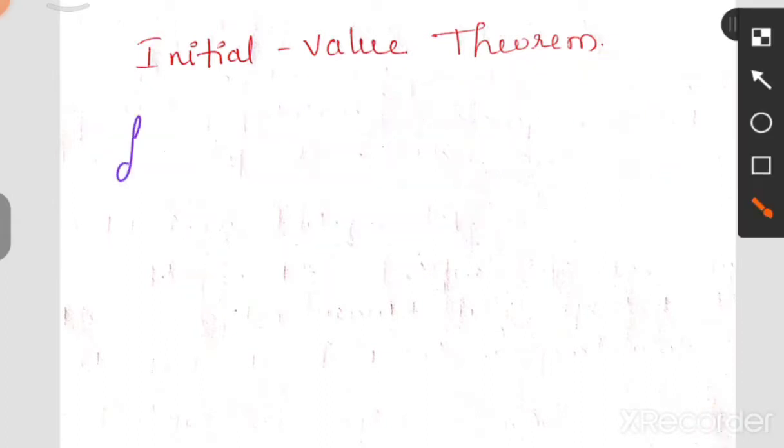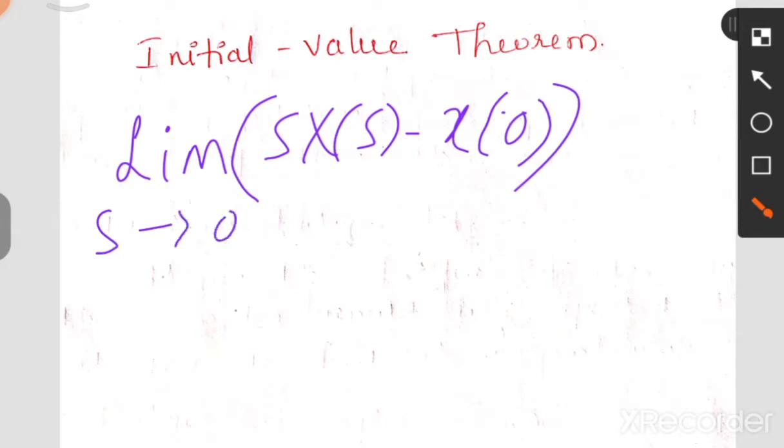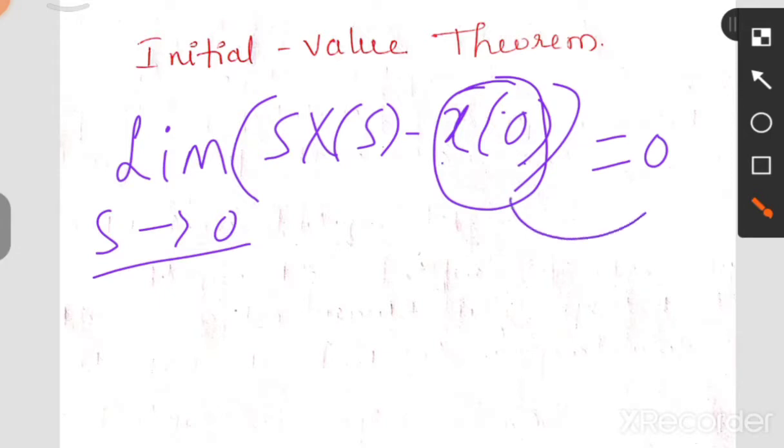Therefore, the limit of s into X of s minus x of 0, where s tends to infinity, will be equal to 0. There is no s in the x of 0 term, therefore x of 0 can be sent to this side.